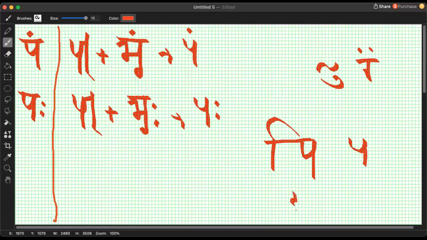This is E and E for Devanagari. But in matra, when you're writing this E matra, this will be on the left portion of this alphabet. So this will follow all consonants. E and E is the same everywhere, but if there's no Shiroreka, this rule applies.